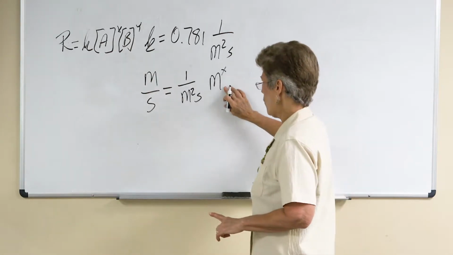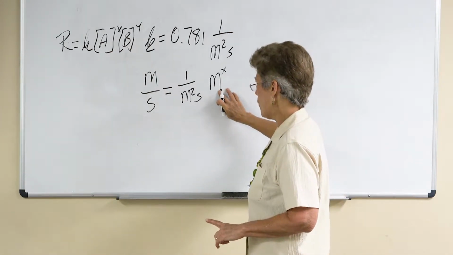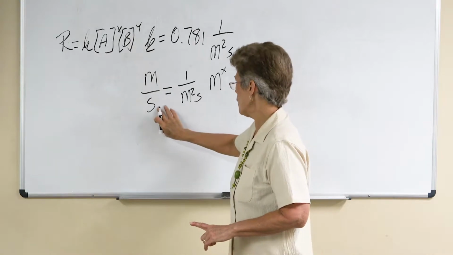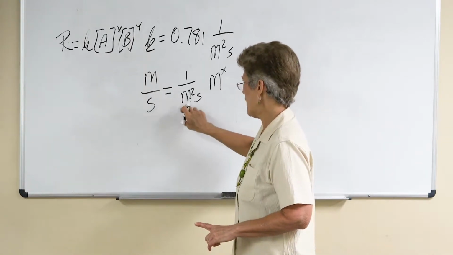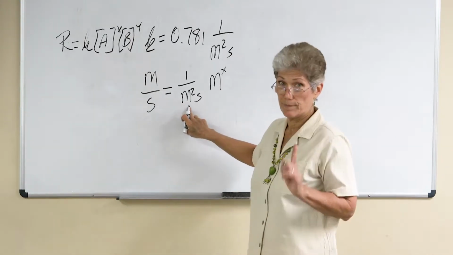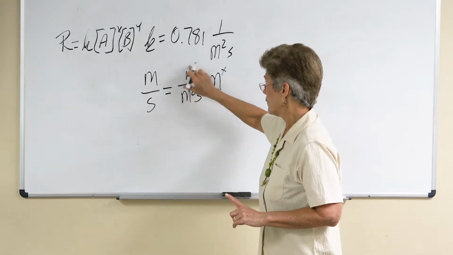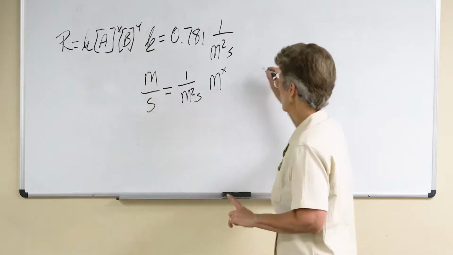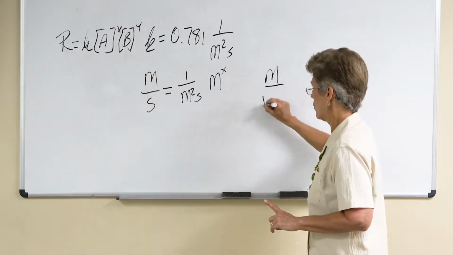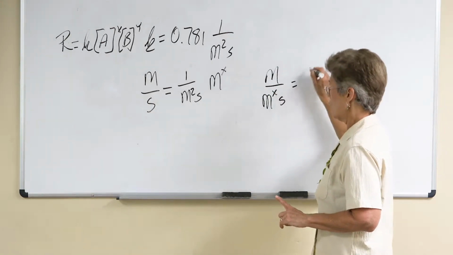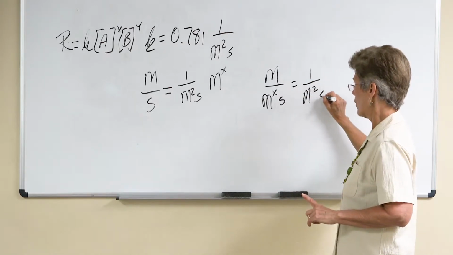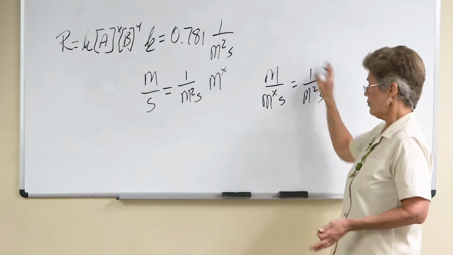When we divide this over here, we want to make it look like this, because remember, that's the overall order. So what would make that true? That's what we want.